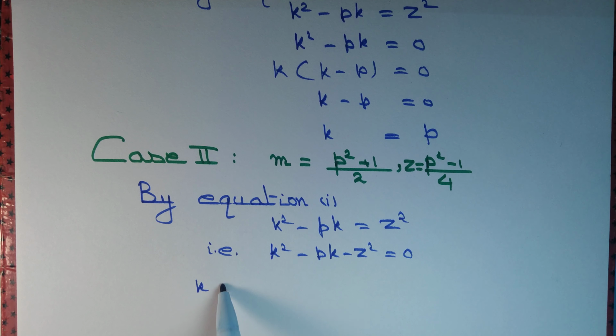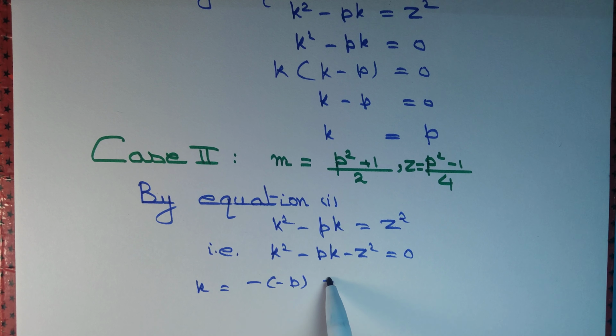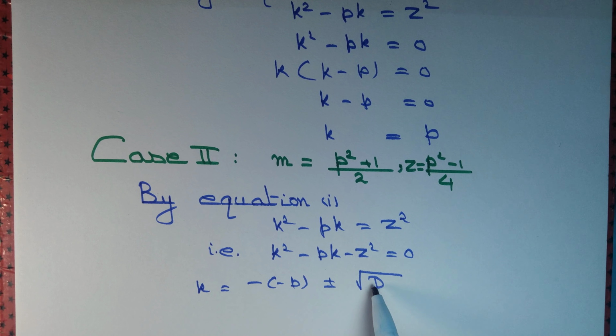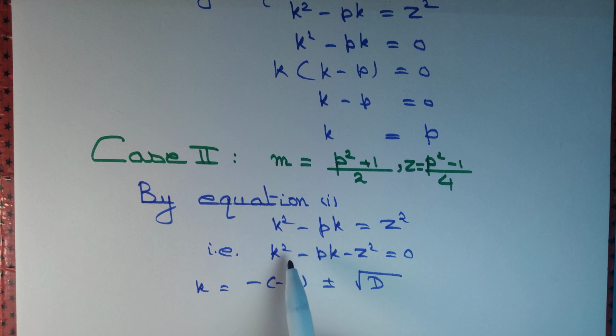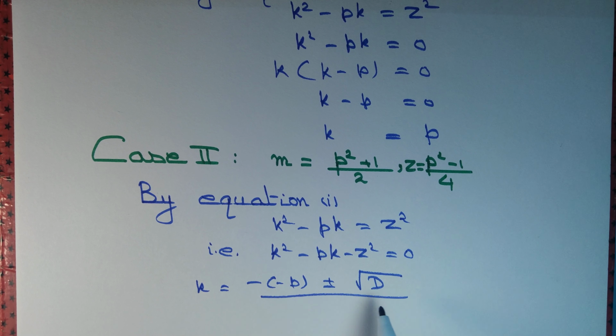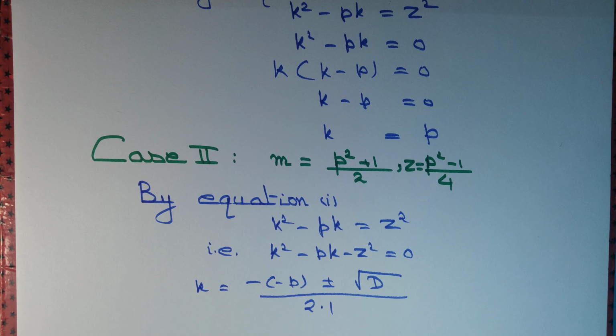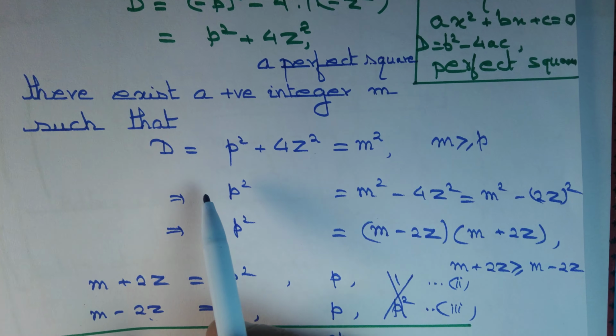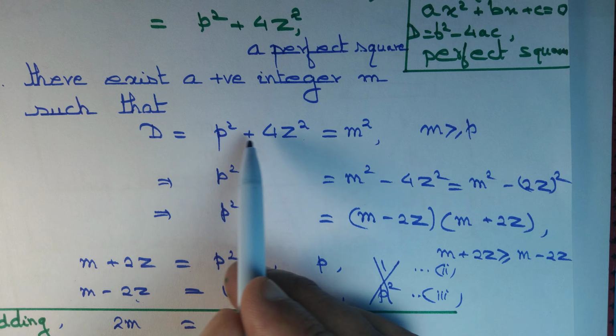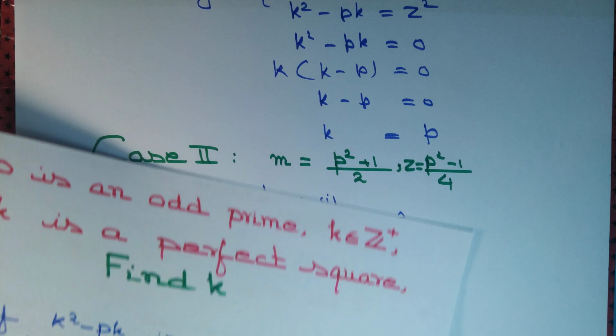Roots are given by k equal to (minus of minus p, plus minus root D) divided by 2 into 1, where D equal to b square minus 4ac, so minus p whole thing square minus 4 into 1 into z square. But we see that we have taken D equal to m square. So instead of D, we can simply write m square.